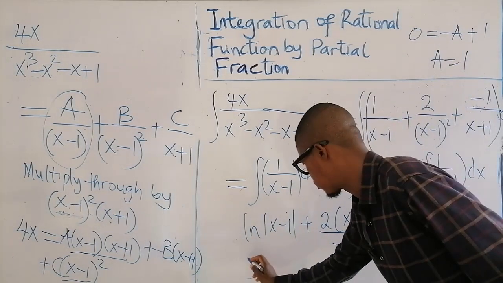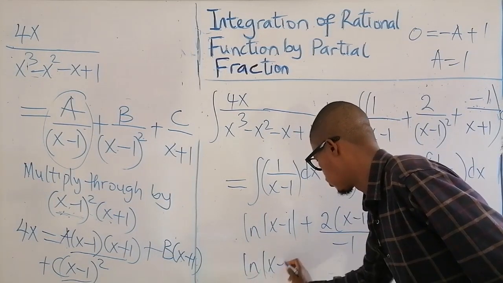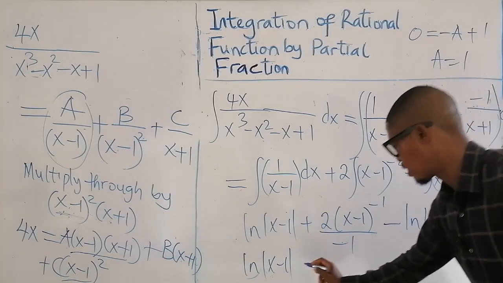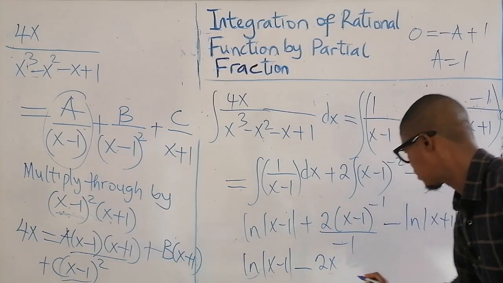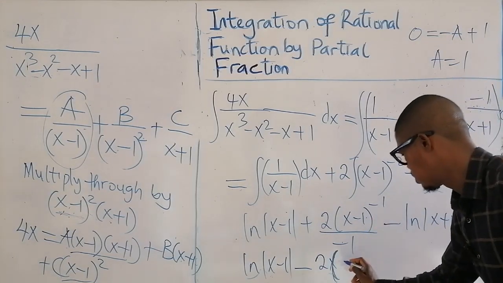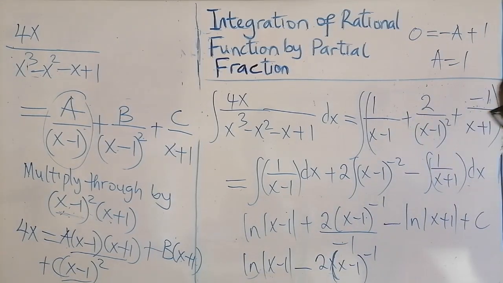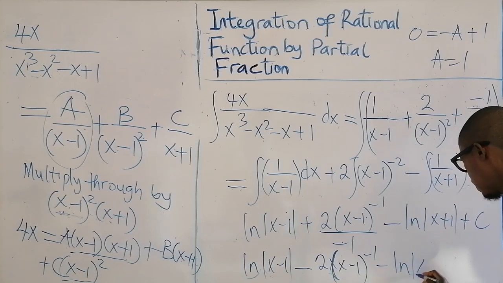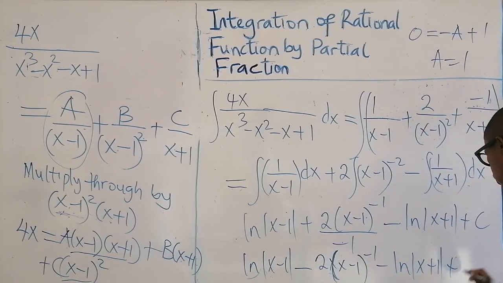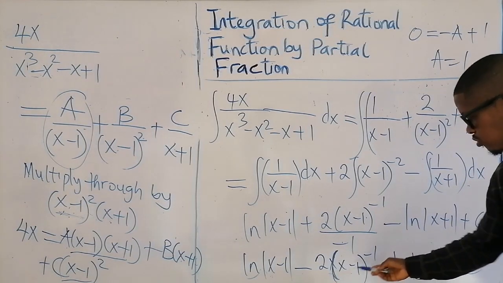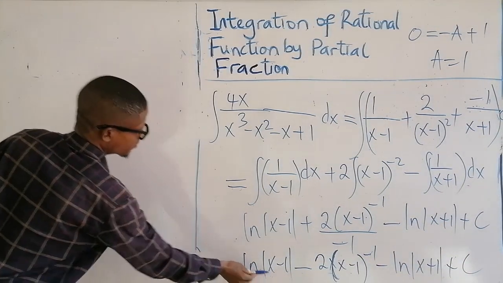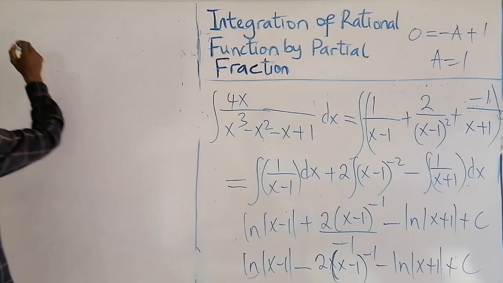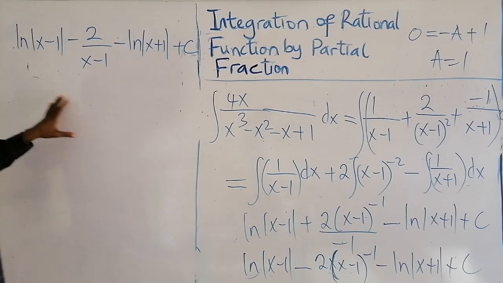So on the final note, we're going to have ln x minus 1 plus 2 times x minus 1 to power minus 1 with the sign, minus ln x plus 1, plus c. So what we just need to do is also remove these negative exponents here. So this one now gives us the final answer. We have this. So that's what we have for this question.